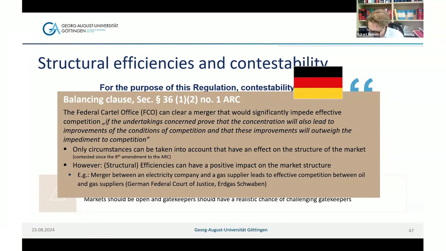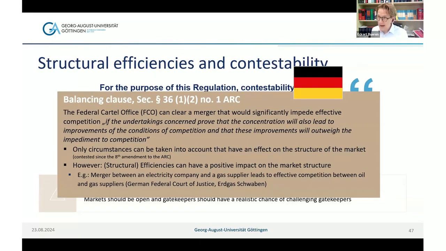So this has been about a merger of grids, I think. It was about rationalization benefits resulting from a merger between an electricity company and a gas supplier, and these could be taken into account under this balancing clause, provided that the merger leads to effective competition between these oil and gas suppliers and thus improves the structure of the market.